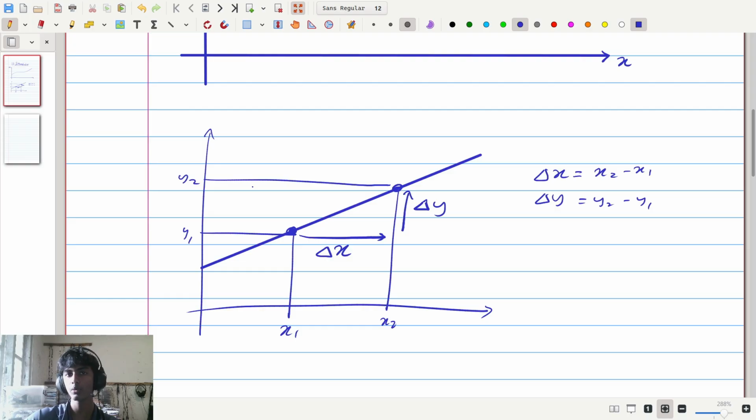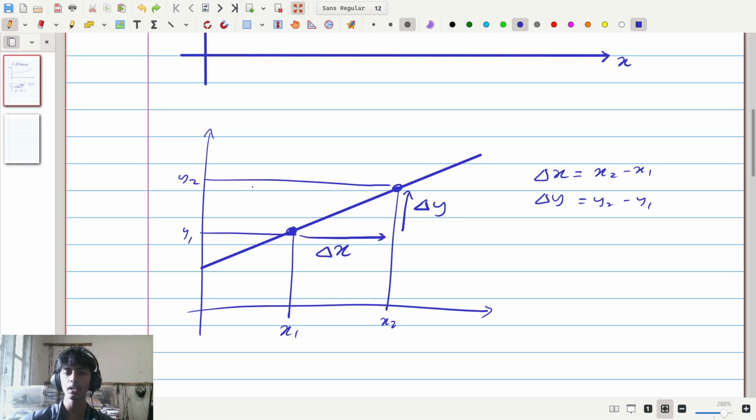Considering what we just said, the rate of change of y relative to x would be delta y divided by delta x, because for each change in x, what we are asking is how much y changes. For a particular delta x change, y changes by delta y.